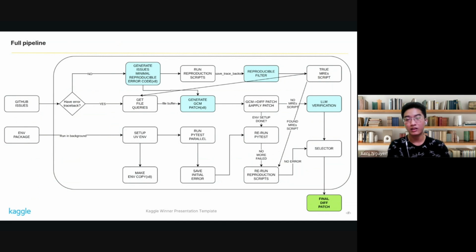If it returns the same problem with the same error as our problem, I will send it back to the git file query, the parallel error module I presented, and solve it as if it had an error traceback.